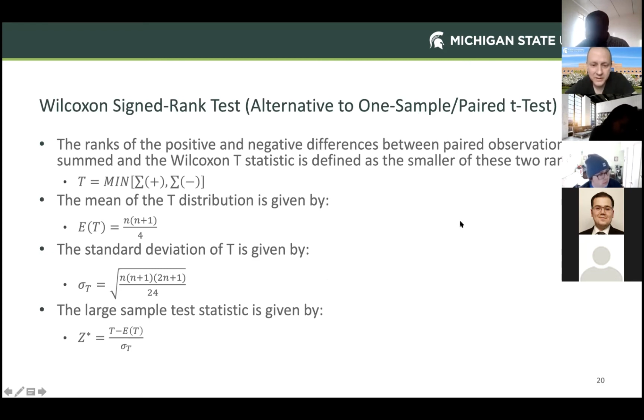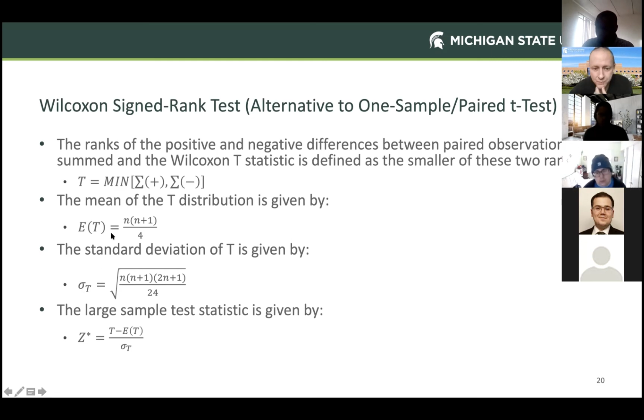And so this is conducted similarly, except in this case, we're calculating the positive and negative differences, and then we're ranking those differences essentially, okay? And so we rank the positive and negative differences between those pairs, and the sum of those ranks would then be evaluated against, again, the z statistic here, okay?